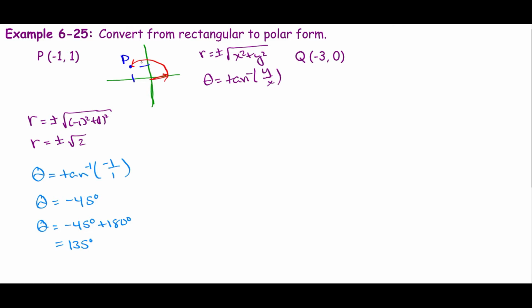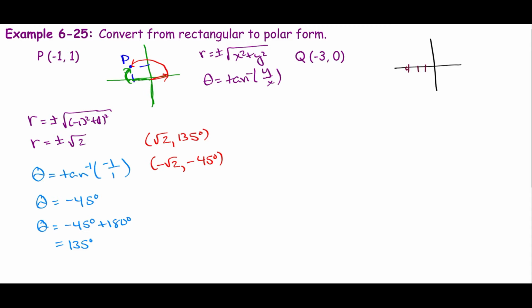This is more than 90 degrees, so it's the 135. So we have radical 2, 135 degrees. That means negative radical 2 would go with -45 degrees. If I came out to the negative radical 2, I would rotate this amount here, which is -45 degrees.